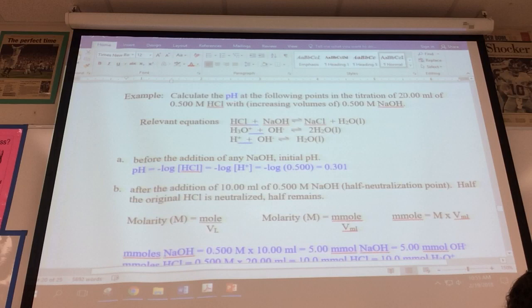In the titration, the 10 millimoles of acid doesn't change. The concentration of base doesn't change. What you're changing here is the volume of sodium hydroxide you add. Initially, you haven't added any sodium hydroxide. You just want to know the pH. You have a strong acid, no RICE necessary.